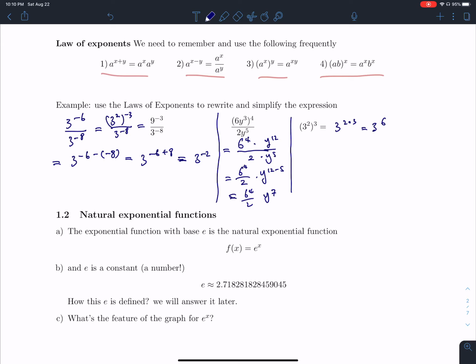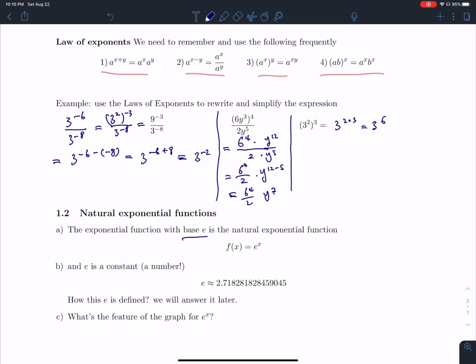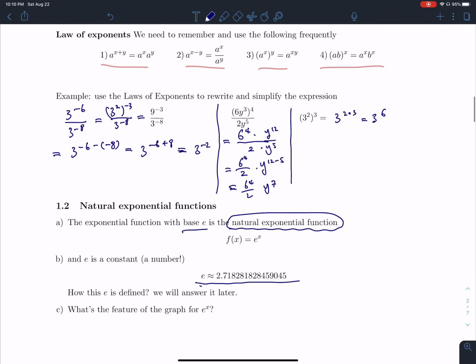Okay, so here we want to point out the most important exponential function is indeed the exponential function with the base being the natural number e, and we call this the natural exponential function. And this e is an irrational number, a constant. There is indeed a way for us to define this e, but we're not going to discuss it in detail here.